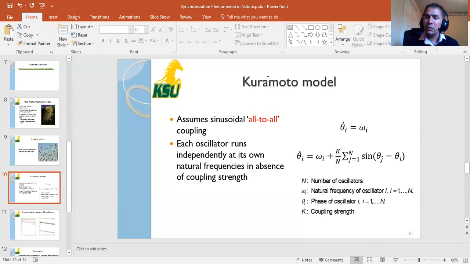But this person, Kuramoto, emphasizes that there is some kind of coupling, an interaction, let's call it. Let's say two fireflies are flashing light. At some point, after a certain time, there occurs some interaction. Maybe one firefly adjusts its timing by looking at another firefly.